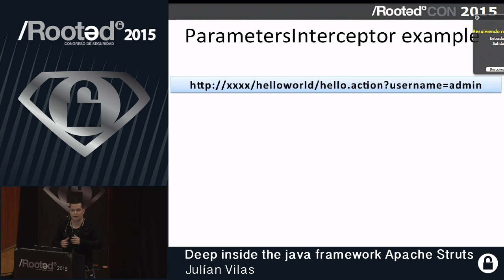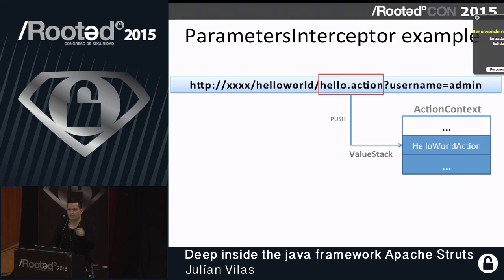Which means that if we got this URL, the hello.action, and we put a parameter, we firstly are going to find the class implementing the action, and we're going to do a push on the value stack, where our action is the value top.